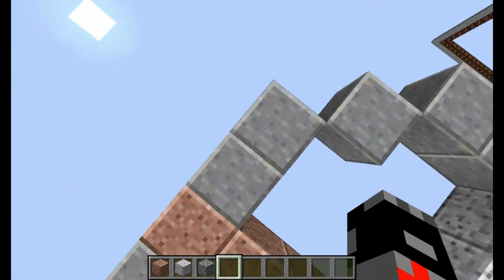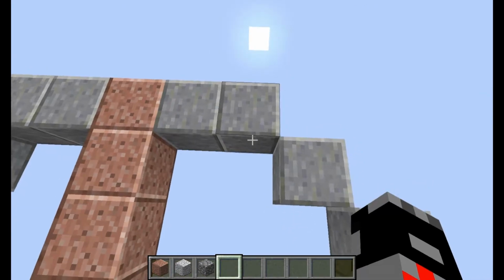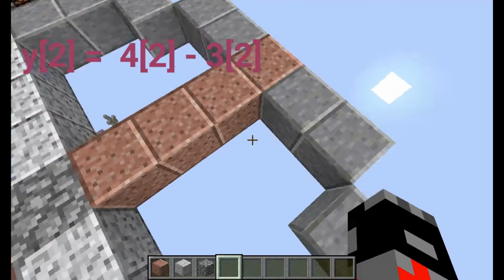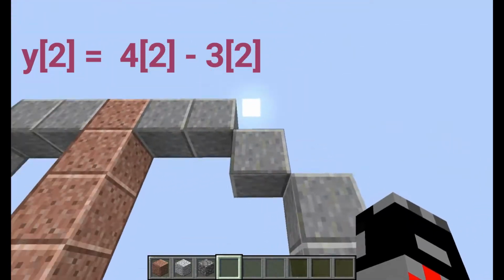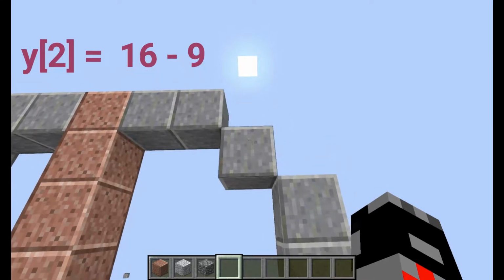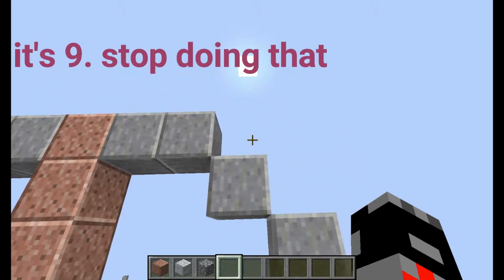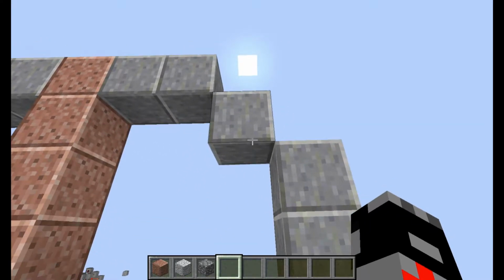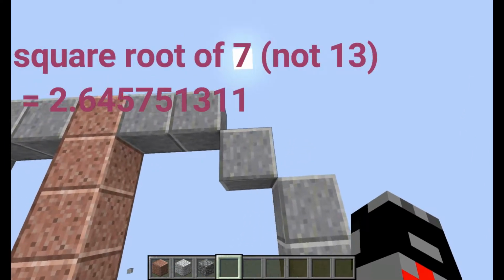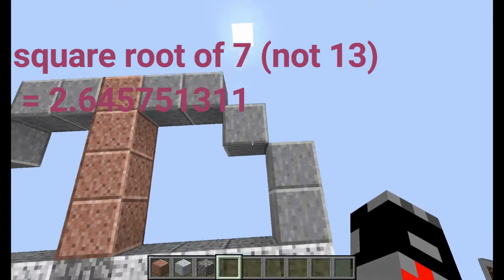So moving on, we can assume 1 and 2 because I have it here. If you have the x value of 3 blocks of your horizontal distance, 16 minus 3 is, sorry, 16 minus 9 is 7. Square root of 7 is 2 point something.